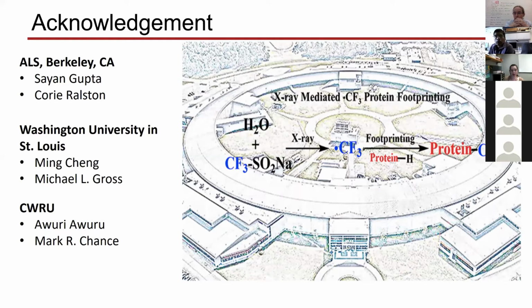Also from CASE, I would like to acknowledge Mark and Aubrey, who gave intellectual contribution. Aubrey exposed samples and did some analysis on this protein system. I'm also happy to take your questions, and thank you for your time today.